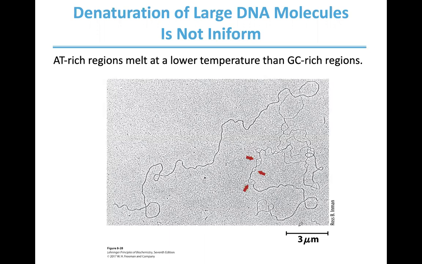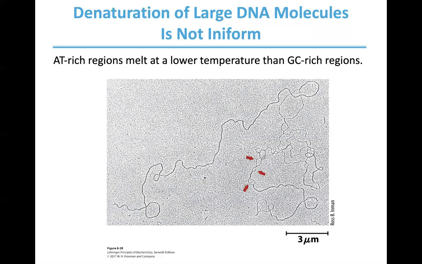And this is an electron micrograph picture of it. You can see here, some of it is easy to see, some of it is not. This is double-stranded, but this still stays double-stranded, probably high GC content. And apparently these ones are AT rich regions, and you can see now the 2 strands are falling apart, coming off each other.